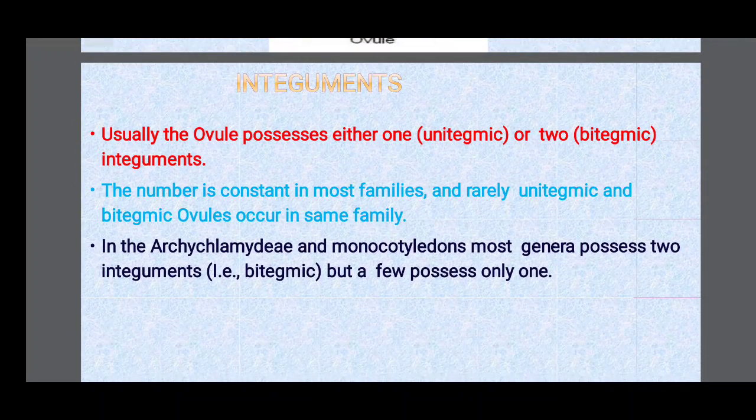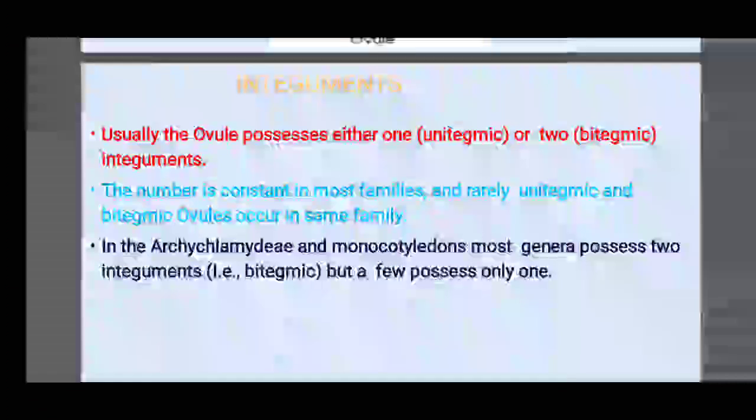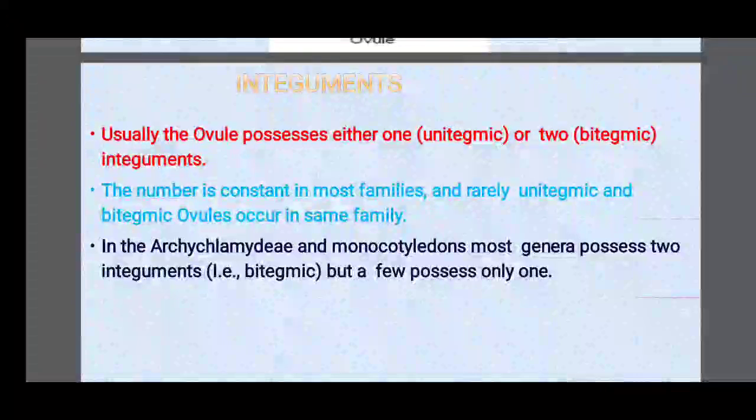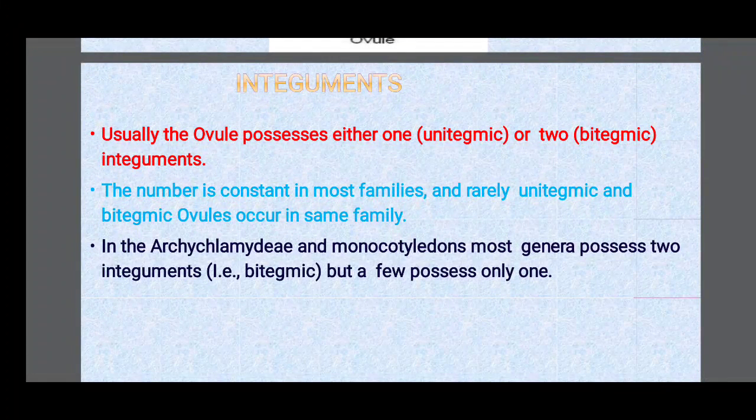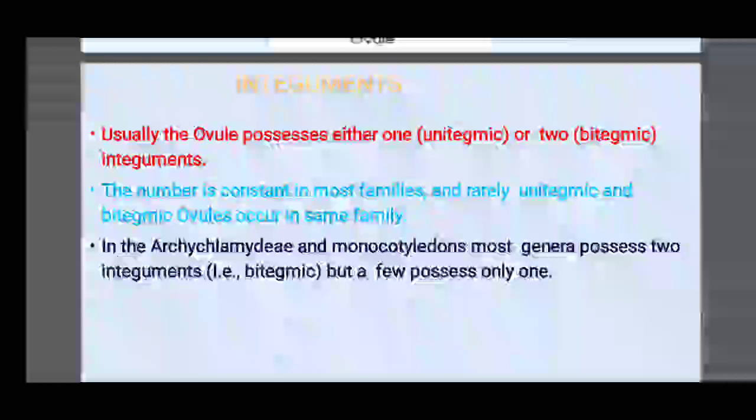Now integuments. Integuments means the ovule body is covered by one or two layers. Usually the ovule possesses either one or two integuments. If one integument is present, that is called unitegmic ovule. If two integuments, that is called bitegmic ovule. The number is constant in most families, and rarely do unitegmic and bitegmic ovules occur in the same family.